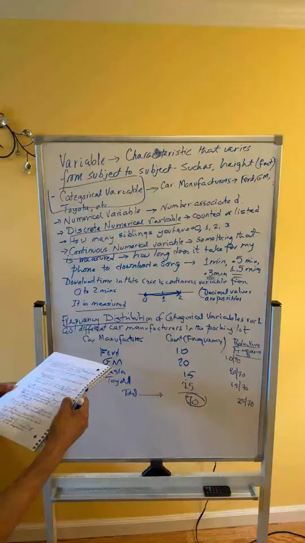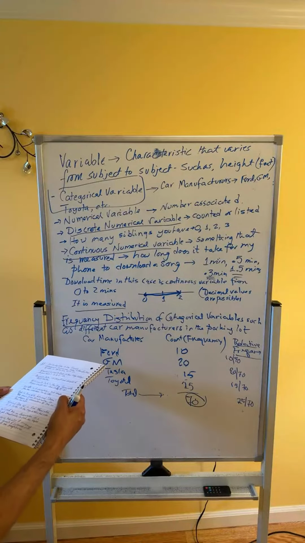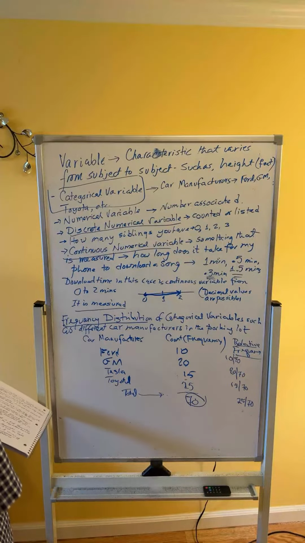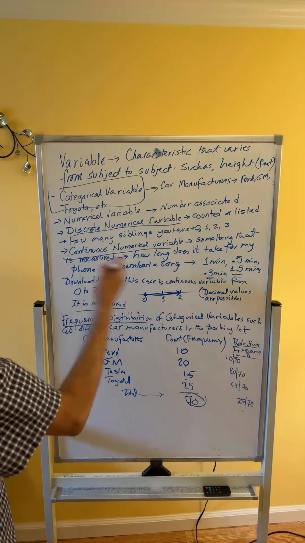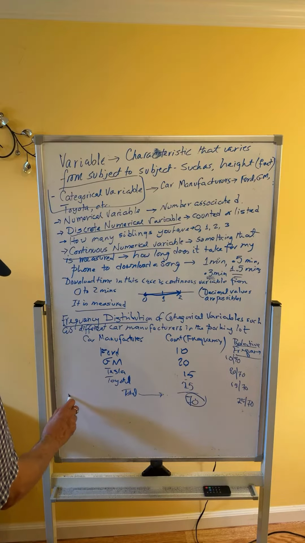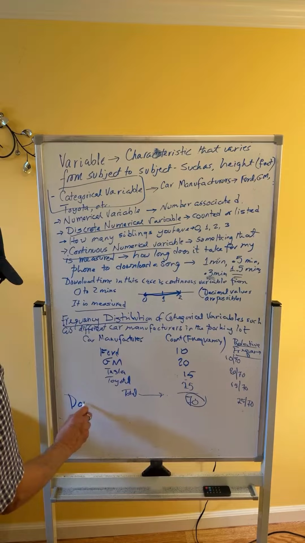parking lot. Okay, so we talked a lot about numbers, discrete variables, continuous variables, and categorical variables. All this constitutes data. What is data?